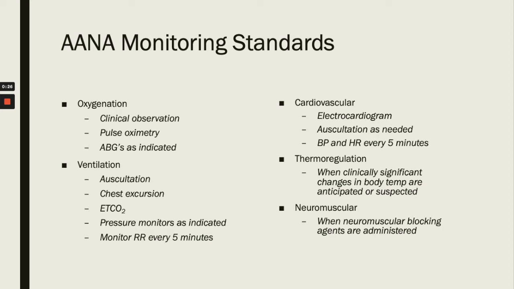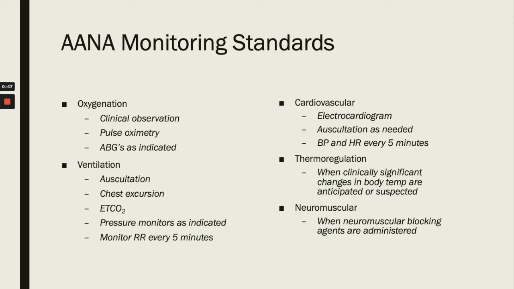Oxygenation and ventilation kind of fall under the same category, and it's continuous observation of ventilation and oxygenation. We either do it by clinical observation, pulse oximetry, and if we need ABGs, we do that as needed as well.